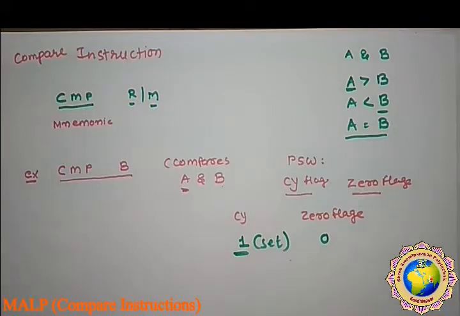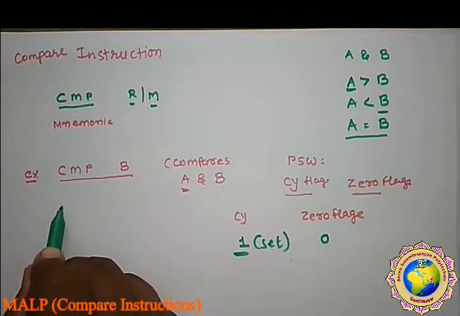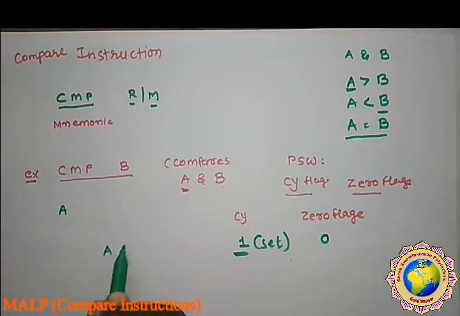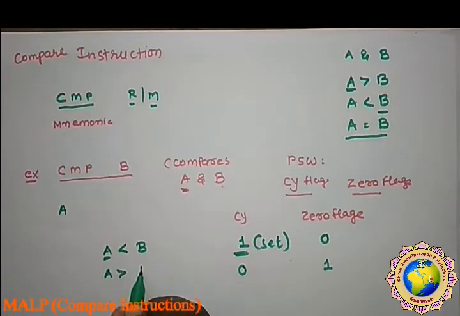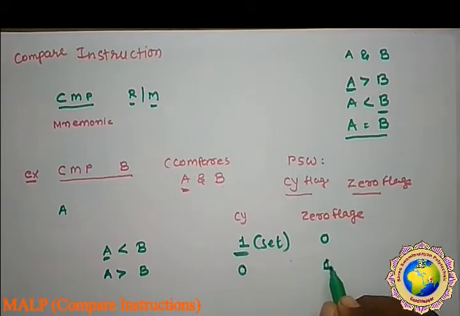When the carry flag is set, that is 1, then A is less than B. When the zero flag is reset and the carry flag is reset, then A is greater than B. The value of A will be more than B.